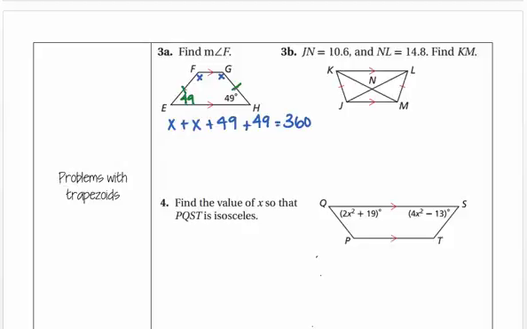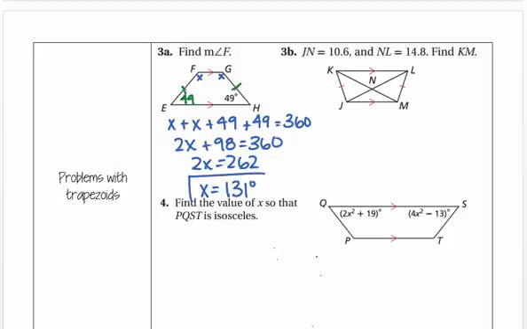And then this just turns into a problem with some algebra. And remember, if you can do this in a calculator without actually thinking through the algebra, that's totally fine. So you get 2x equals 262. Cut that in half, and you end up with x has to be 131.